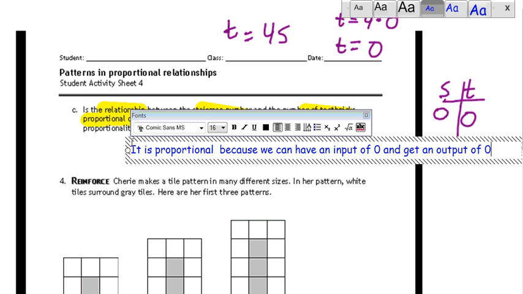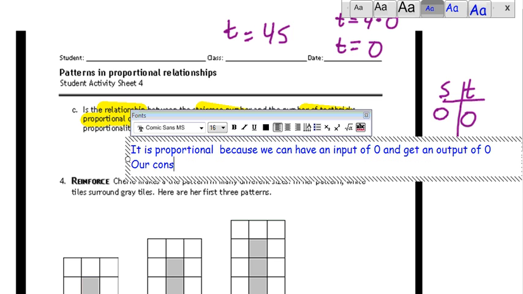And what's our constant of proportionality? Our constant of proportionality is 4.